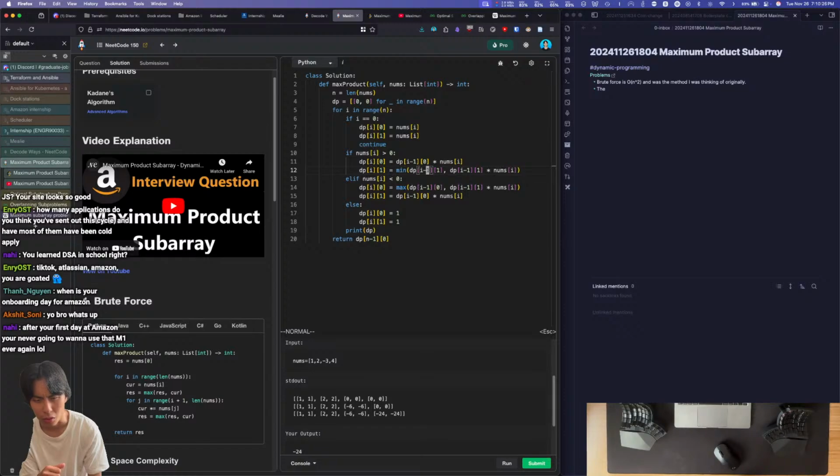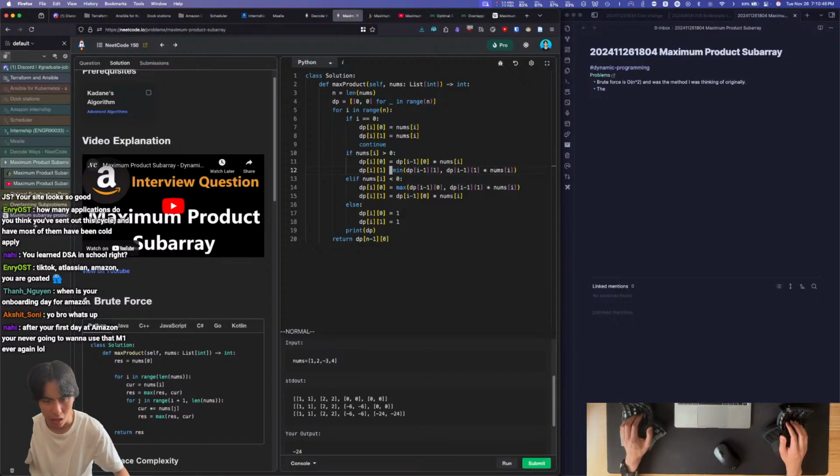No, something's not right. Something's not right. The previous minimum number, the minimum between the previous minimum number, and it doesn't need this. It doesn't need this. I don't think it needs this.